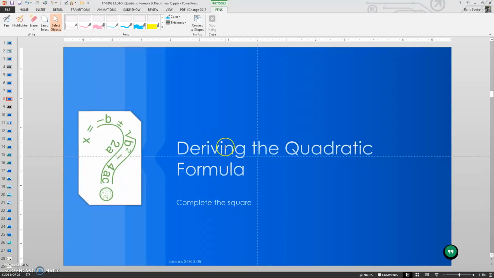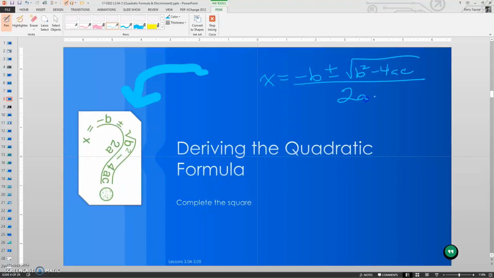I don't know if you noticed. What does that question mark say? If we look at it really, really closely, it's actually telling us the quadratic formula. X equals negative b plus or minus the square root of b squared minus 4ac all over 2a.